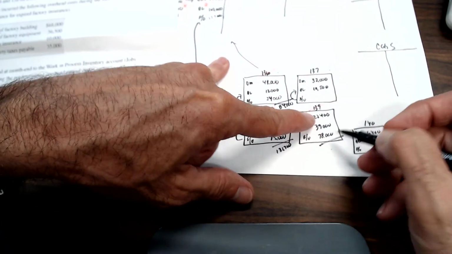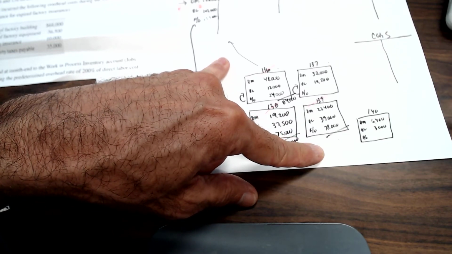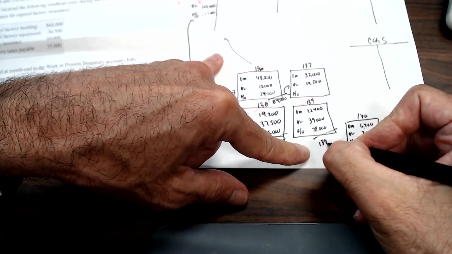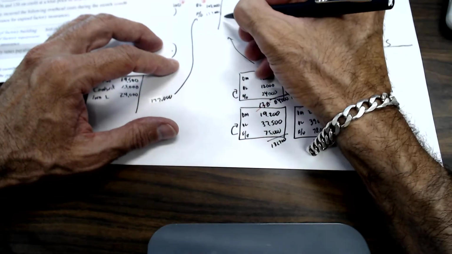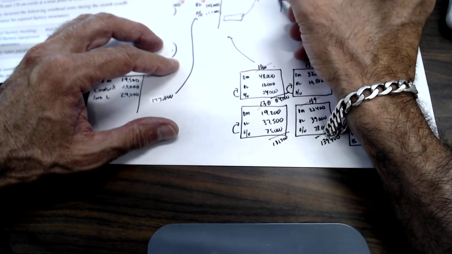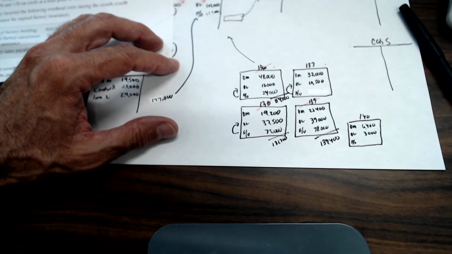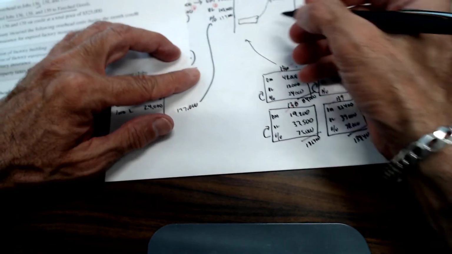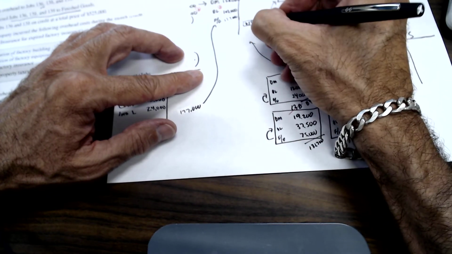139 was finished at a total cost of 139,400, and I want to transfer those three costs out of here to finished goods because they are done. So what's the total? 355,100.